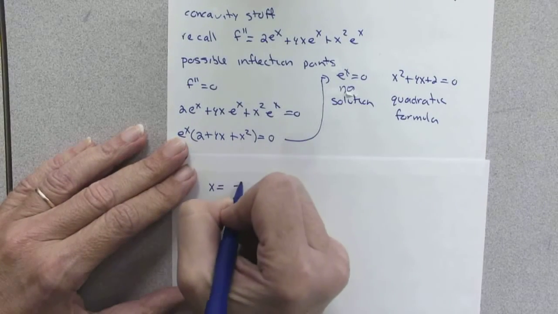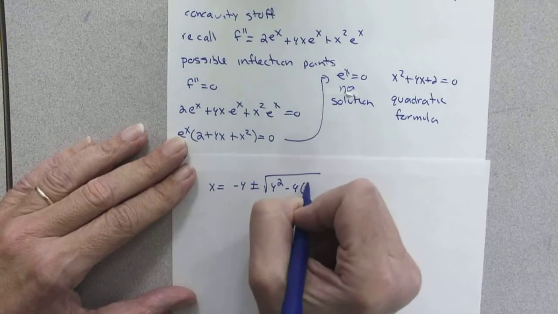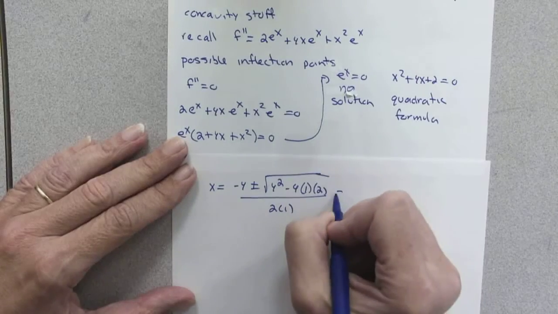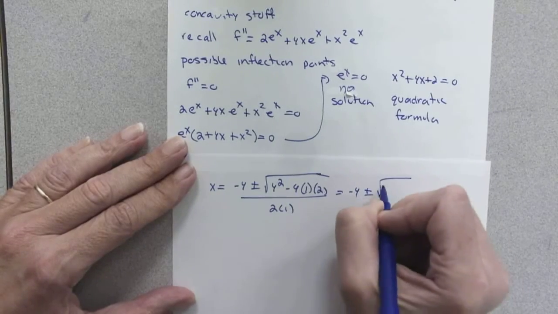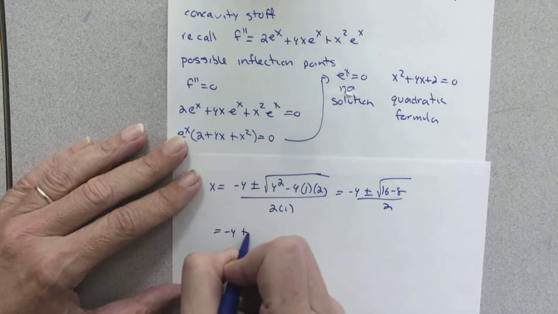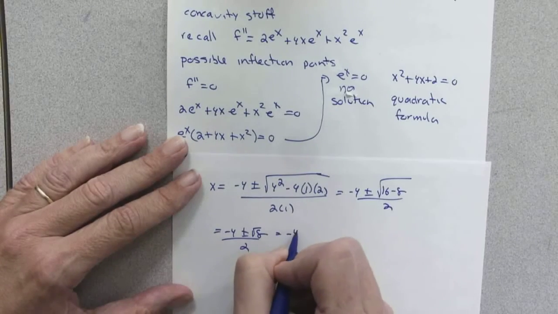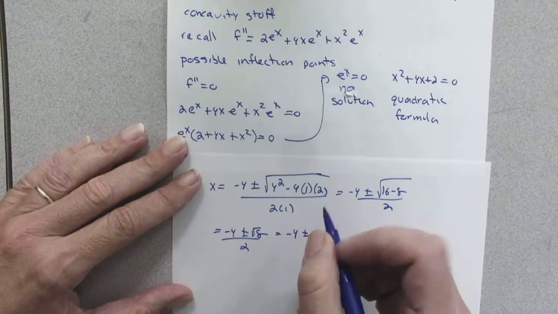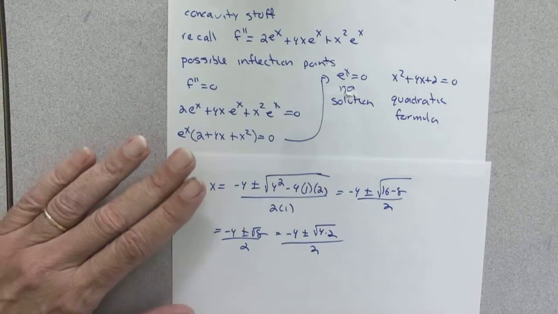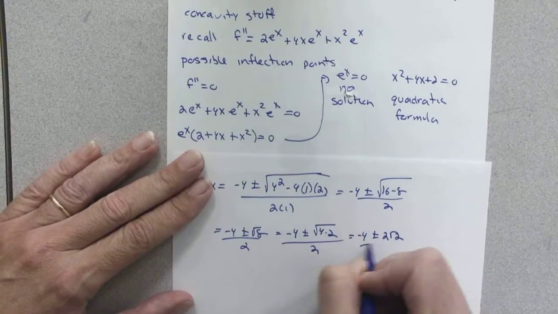And so we're going to have x equals -4 plus or minus the square root of 4 squared minus 4 times 1 times 2, over 2 times 1. So it's -4 plus or minus the square root of 16 minus 8, over 2, which is -4 plus or minus the square root of 8 over 2. Simplifying that radical, square root of 8 is 2 square root of 2, so -4 plus or minus 2 square root of 2 over 2.